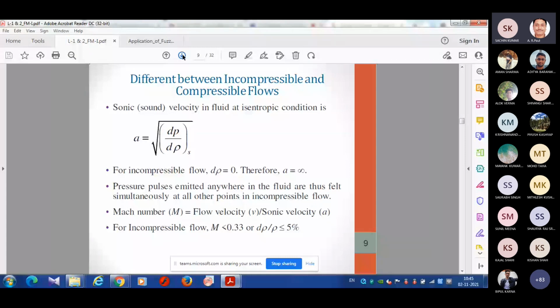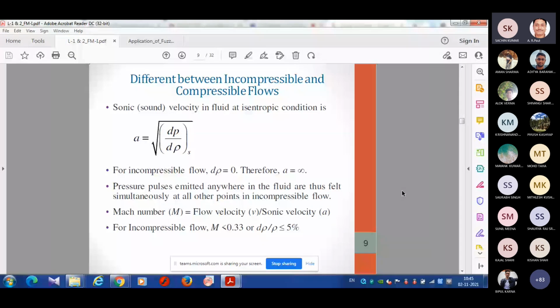Now for incompressible flow, incompressible flow says that your pressure variation would be zero. And this is not true completely. Incompressible flow says that your pressure variation will be negligible. It may not be zero. So how much variation can you allow? 5% of the original.